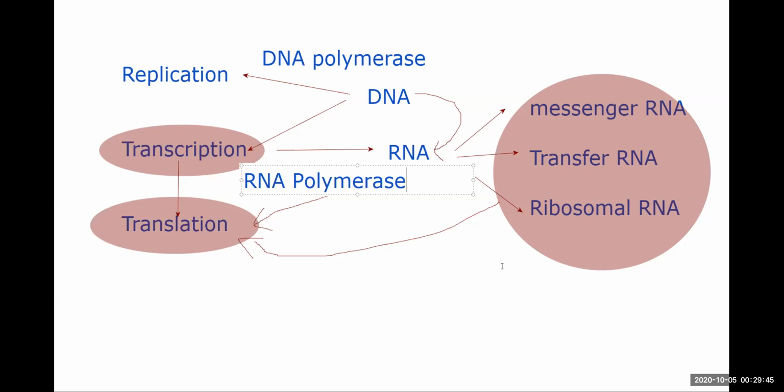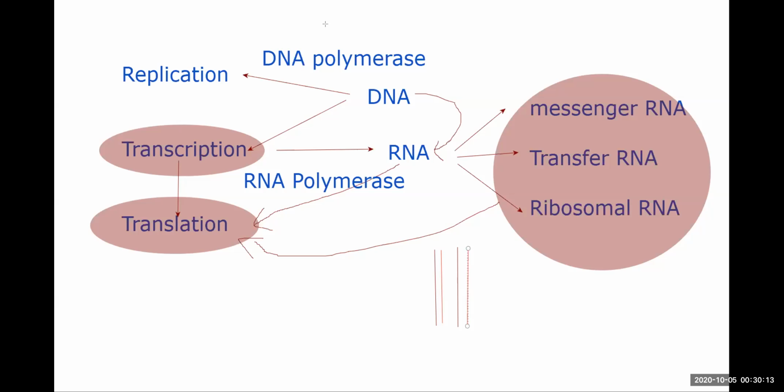One of the major differences is that in DNA replication, both the strands serve as a template to synthesize a daughter strand, whether it is lagging or leading, both strands synthesize the daughter DNA molecule.